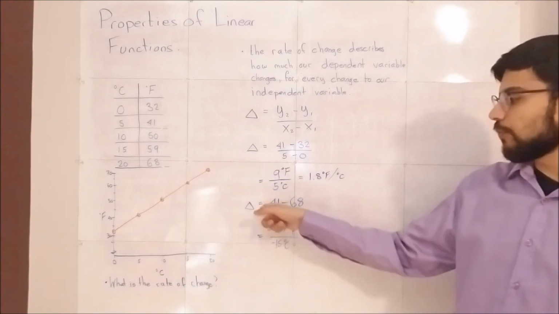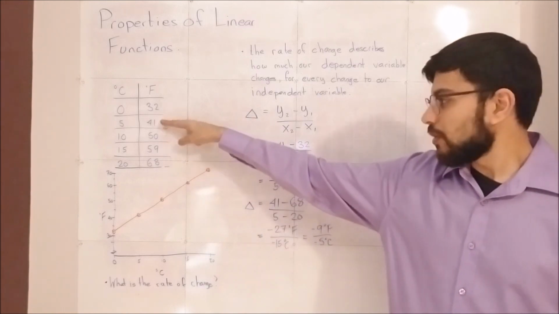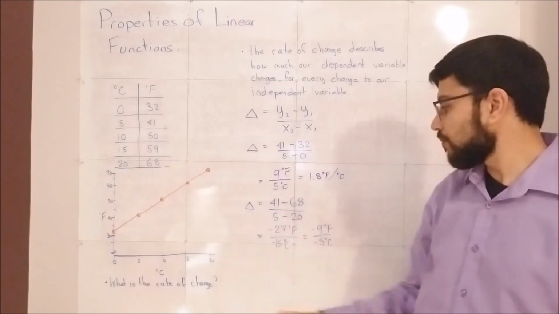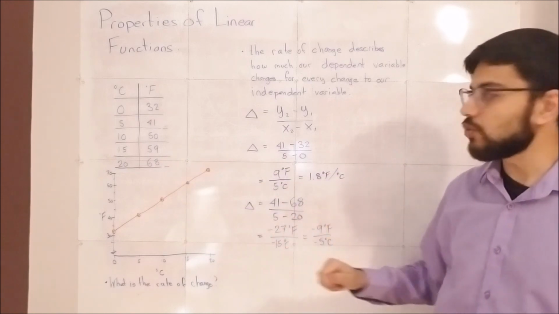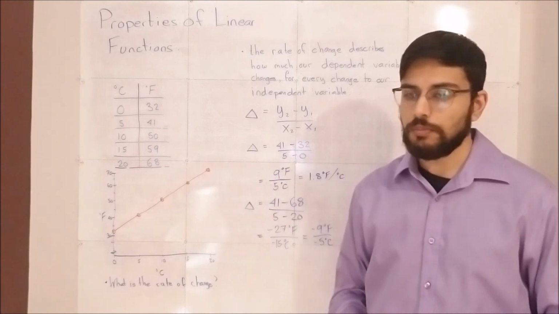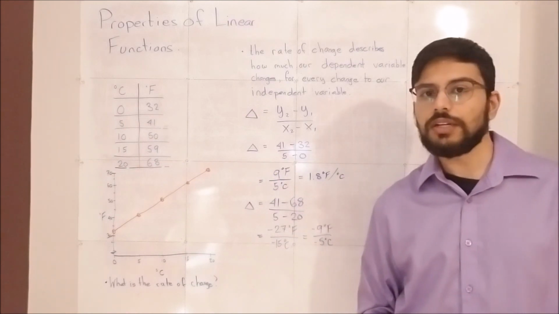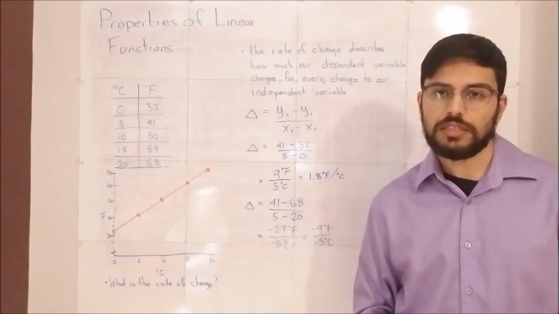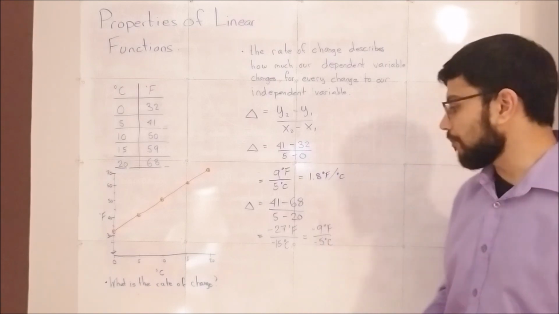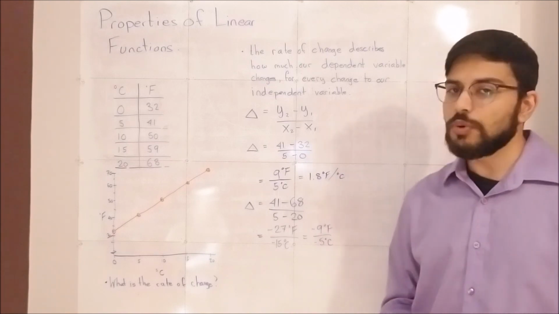I end up doing 41 minus 68, y2 minus y1, and 5 minus 20, x2 minus x1. I end up getting negative 27 degrees Fahrenheit over negative 15 degrees Celsius. But if you use the greatest common factor, in this case it's 3, we can divide both numbers by 3.